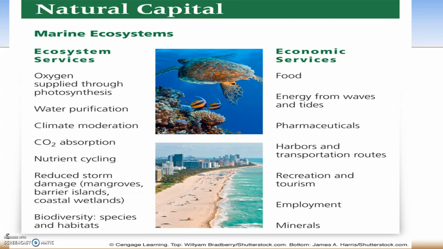This figure depicts marine systems that provide important ecosystem and economic services. As you look at the list under ecosystem services, the marine ecosystems provide oxygen through photosynthesis. They can provide water purification, climate moderation. We know that our marine oceans absorb carbon dioxide as part of the carbon cycle.